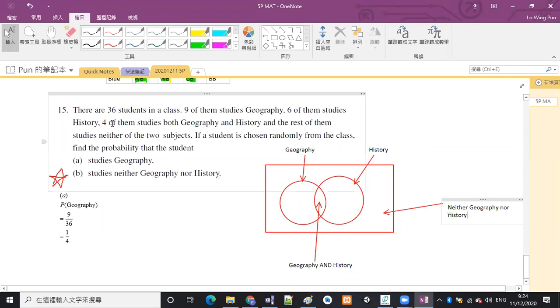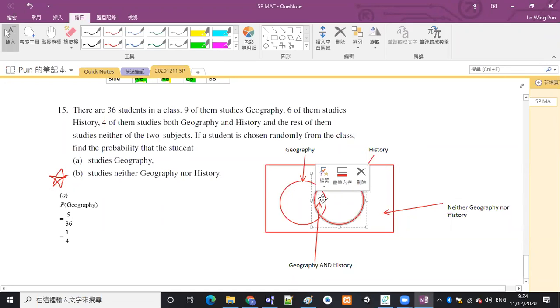OK, so there are and 4 of them studies both geography and history, which means that this region is actually equal to 4. Do you understand this? The common part is equal to 4.